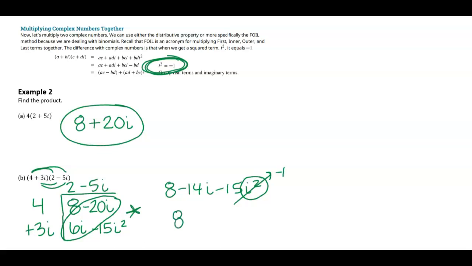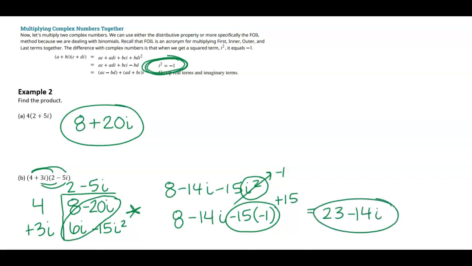Therefore, I get 8 minus 14i, minus negative 15 times negative 1. This gives me a positive 15. So I would have 23 minus 14i as my final answer.